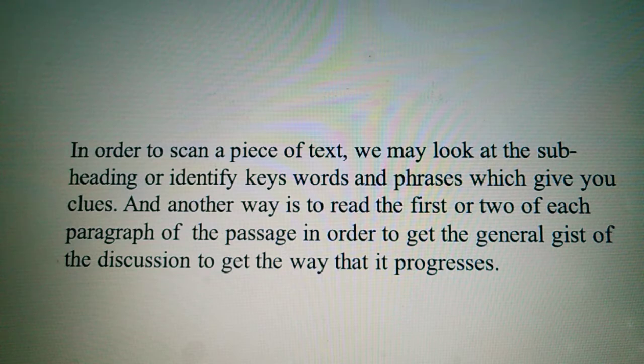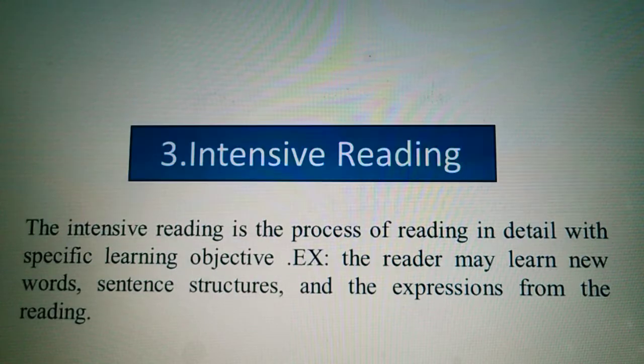Another way is to read the first one or two sentences of the paragraphs of the passage in order to get general ideas about it. The reader needs to be careful in this one, and check very clearly in order to get the specific information that is needed.